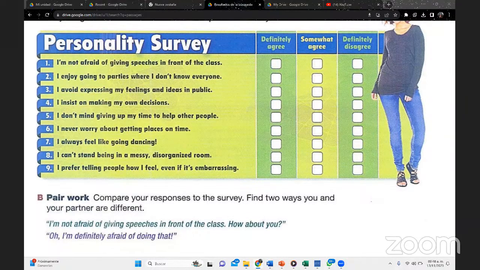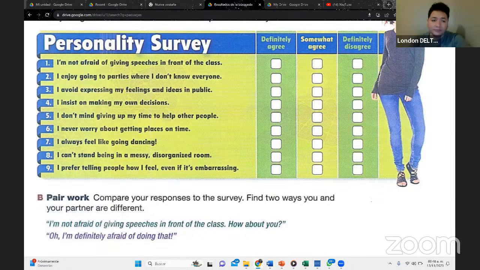But in parties, when I don't know many people, I don't like dancing. Okay, very well. And yeah, like I told you, it depends a lot on your personality.